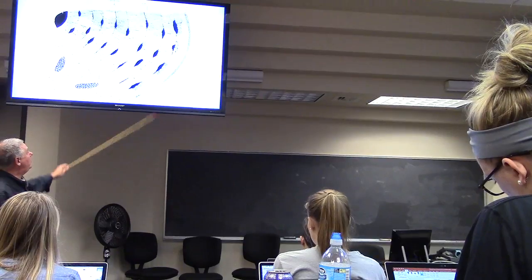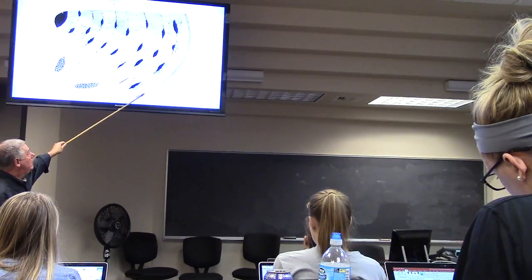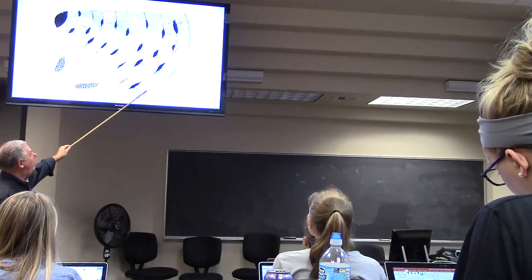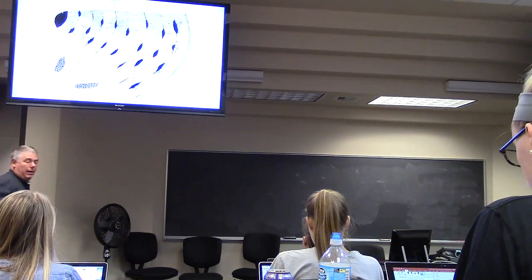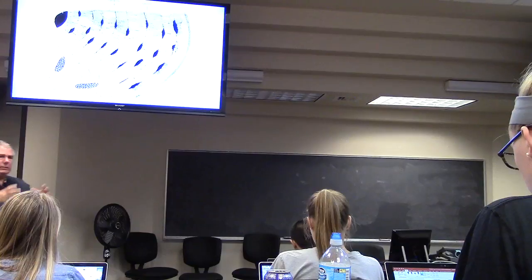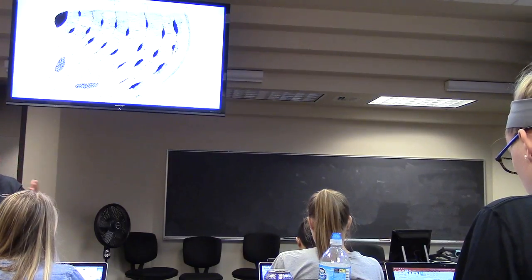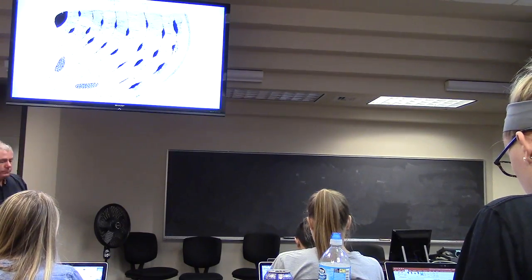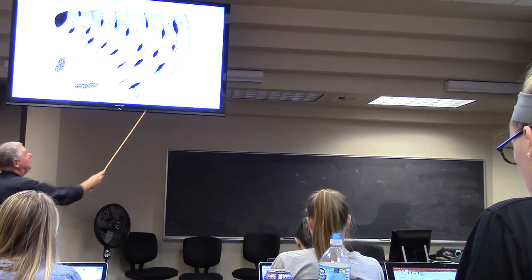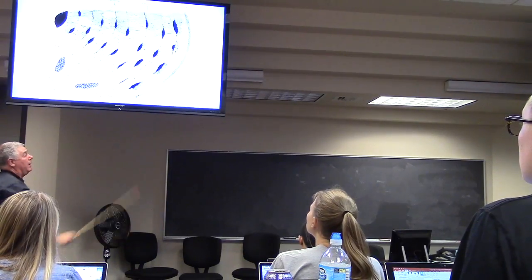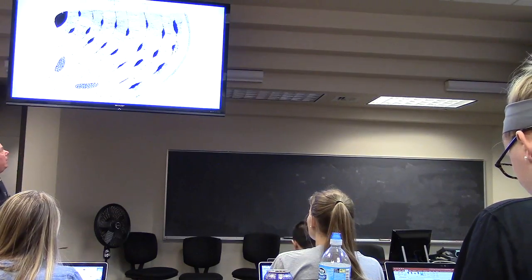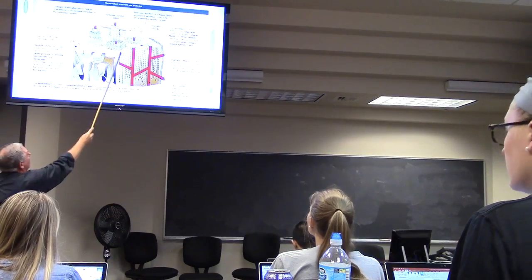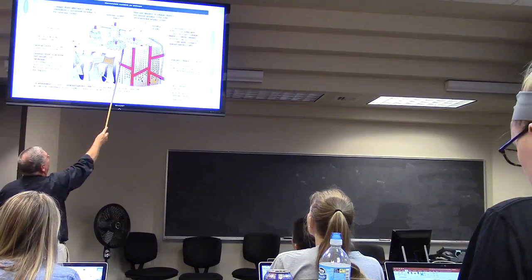Pretty cool, huh? Here's a periosteum out here. Well, actually, at the edge of a Haversian system is called a cement line. Cement line. I was going to say that's the periosteum, but that's not the periosteum. That would be the cement line of one Haversian system. If we go back to here, that would be the cement line, that yellow thing right there.